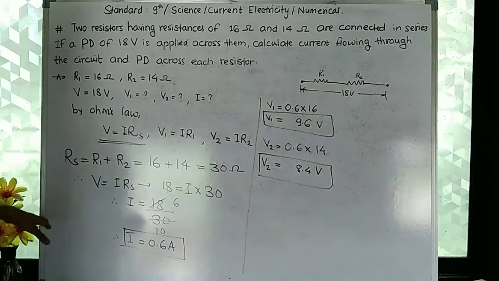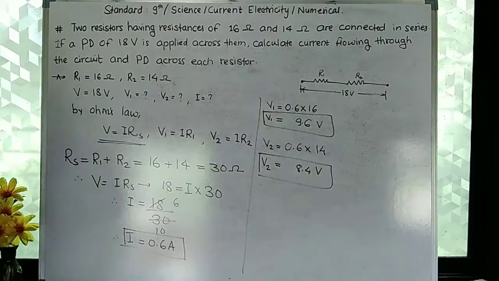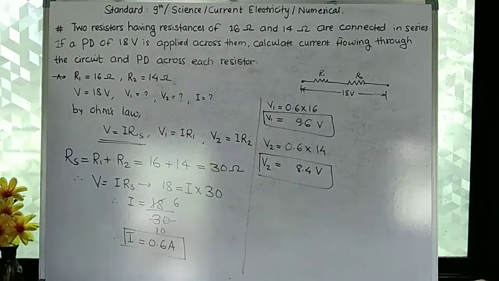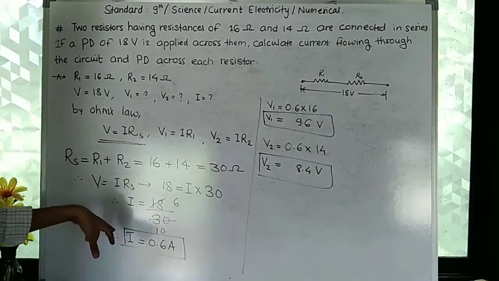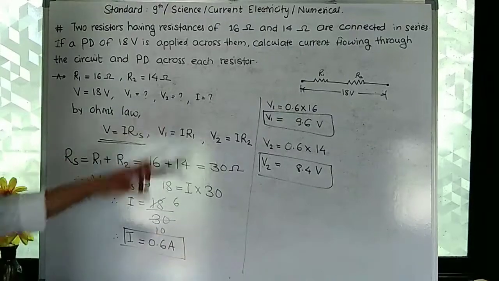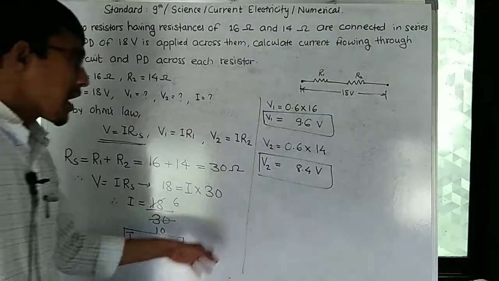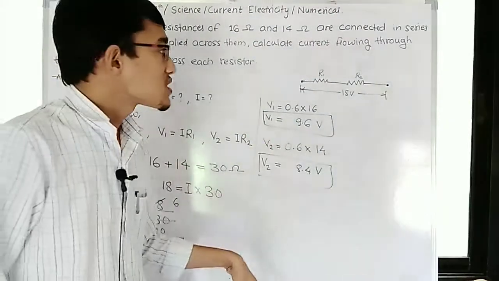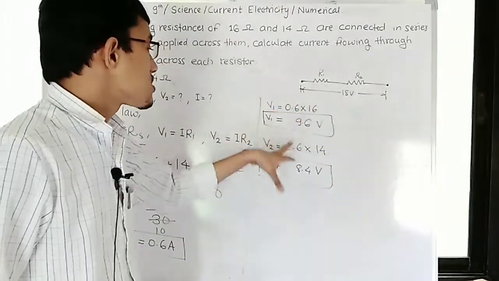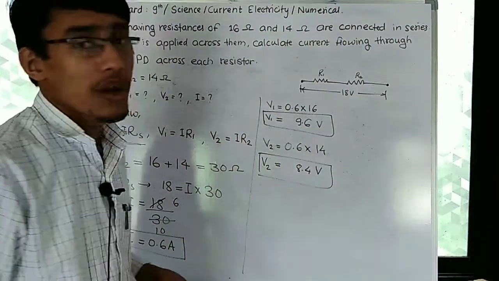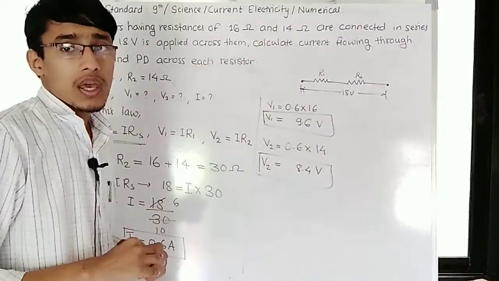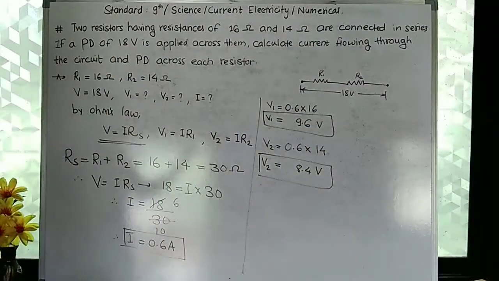So this is the solution for this numerical. In the end we can write the conclusion that the electric current flowing in the circuit is 0.6 ampere, the potential difference for resistor 1 is 9.6 volt and the potential difference for resistor 2 is 8.4 volt. Now let us see the another question.